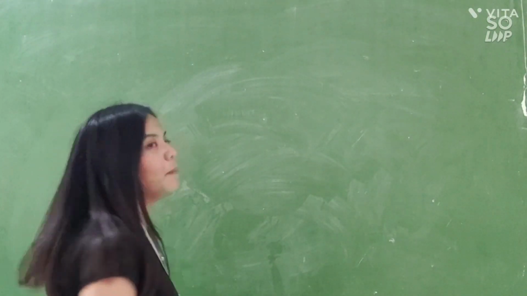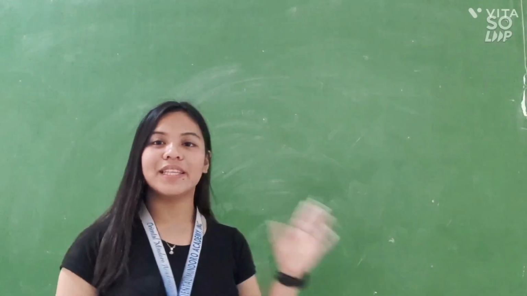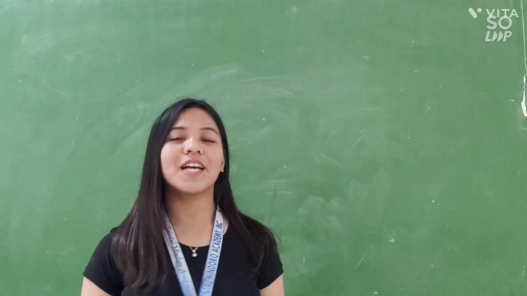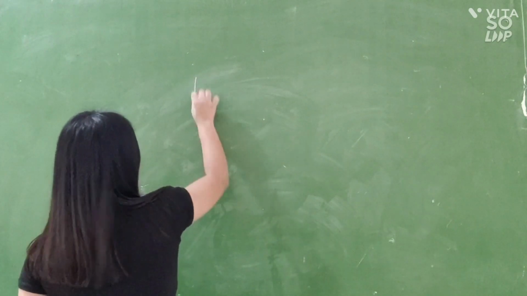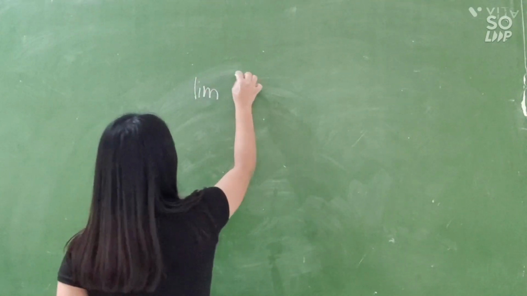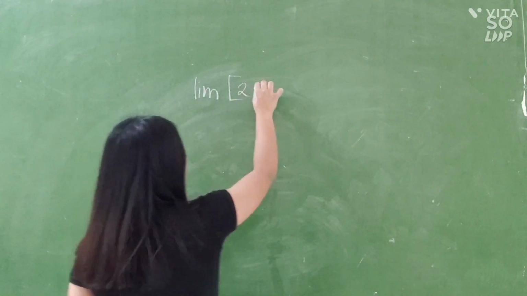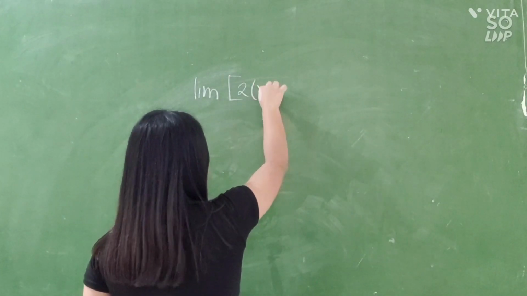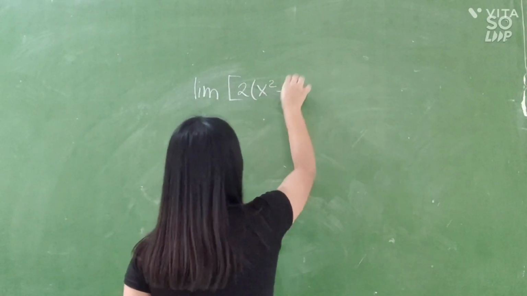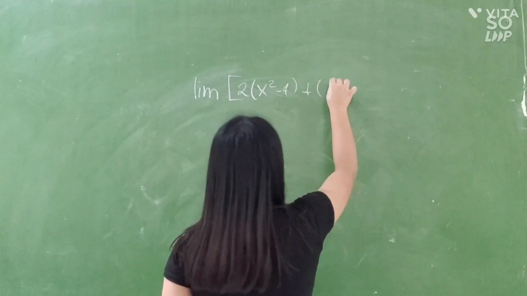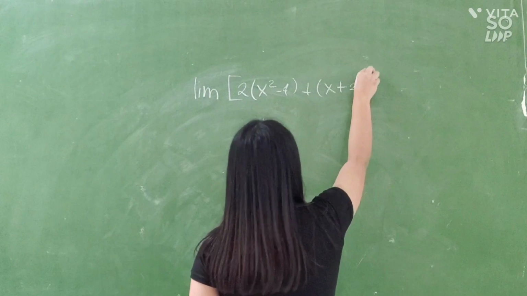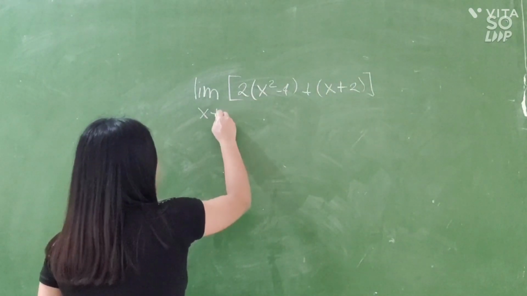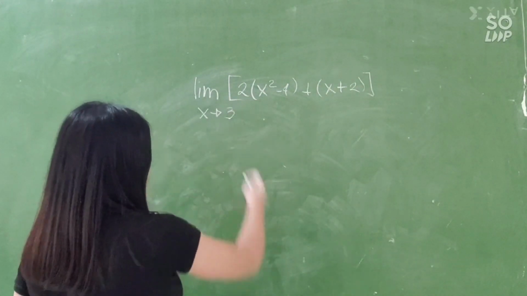For our next problem, we will apply the different laws. So, the third and last problem, we will apply the different laws. So first, what is our problem? Our problem is the limit of 2 times x squared minus 4 plus x plus 2 if x is approaching 3.